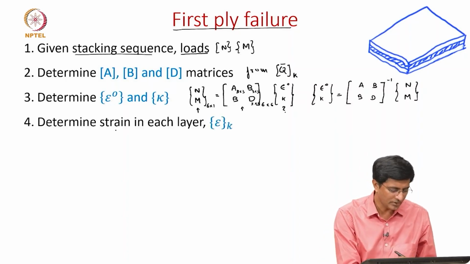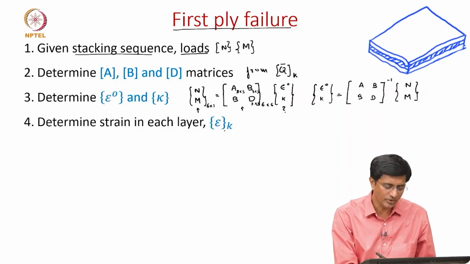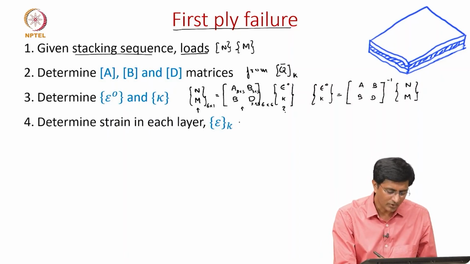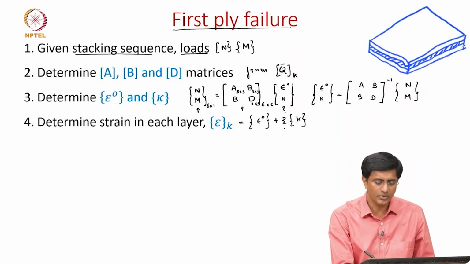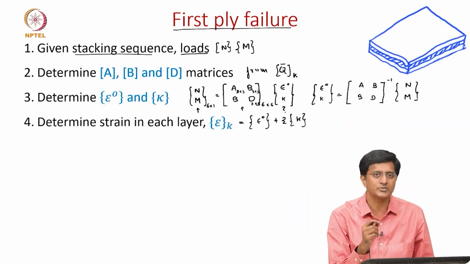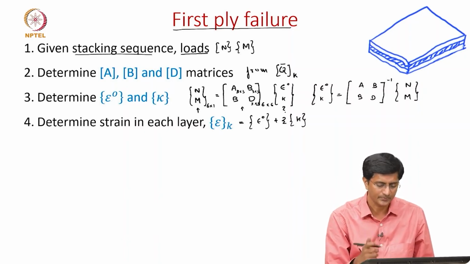How do we find this? If you recall, earlier we said this can be written as the mid-plane strains plus Z times the curvature. So with this, we should be able to find the strain. When I say strain, this is a vector of epsilon x, epsilon y and gamma xy.